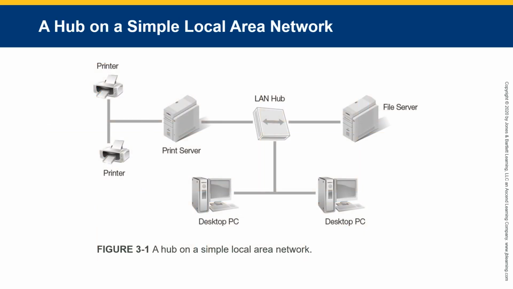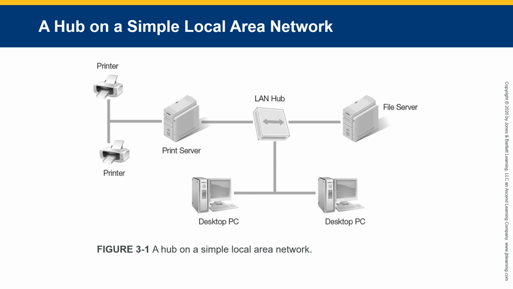So here is one of the simplest things. Many of you may have set this up in your house when you were younger, or your parents did, and they would have a couple of PCs in the house connected to a router, and maybe a server or a desktop acting as a server and a print server there with some printers connected into your network.